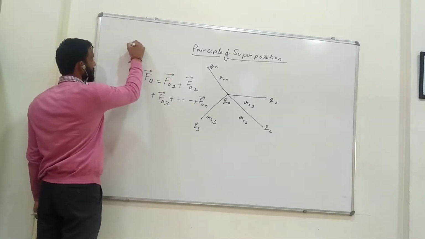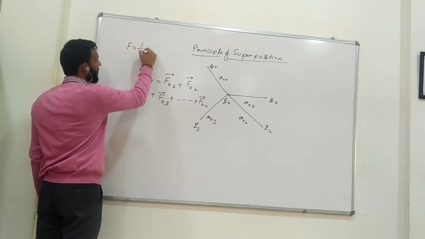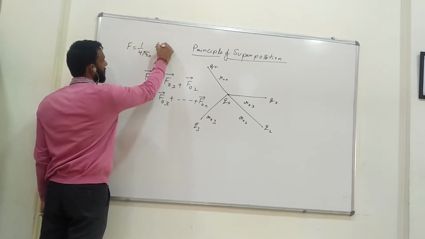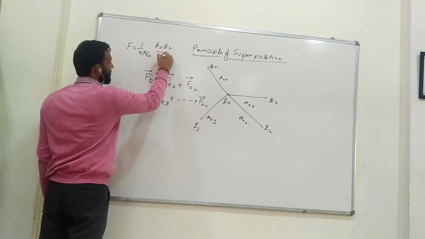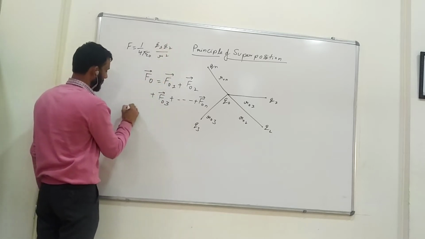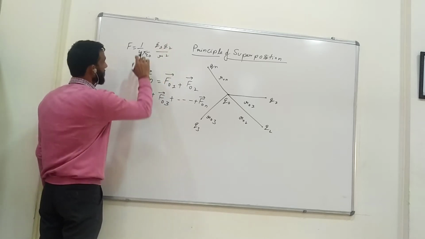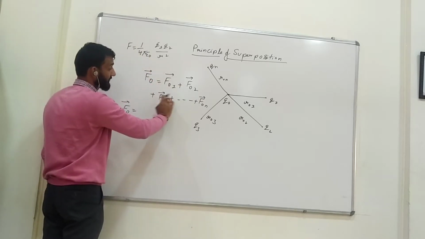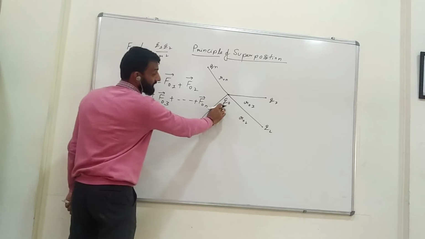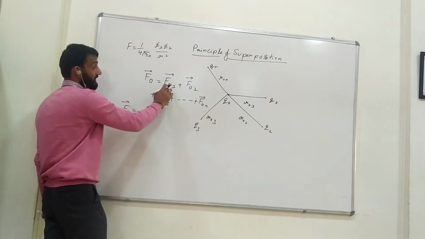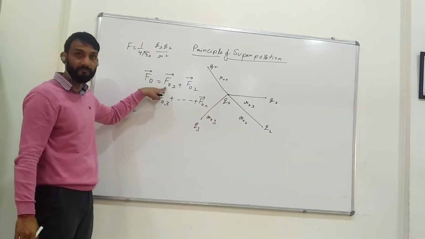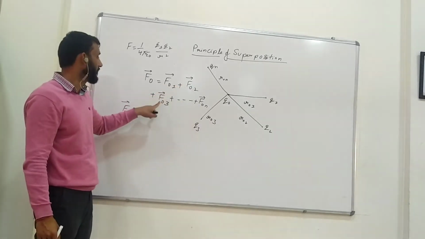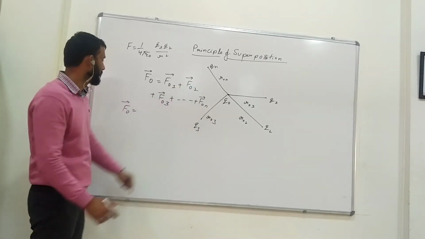As we all know that from Coulomb's law, it says that 1 upon 4 pi epsilon naught Q1 Q2 upon R square. If I put these values, this 1 upon 4 pi epsilon naught will come common in all these forces. Also this Q0 will come common. Why? Because here I will write Q0 Q1, here I will write Q0 Q2, Q0 Q3 and so on.